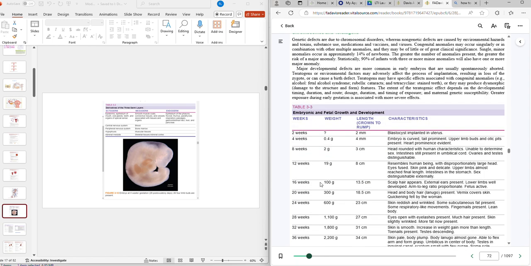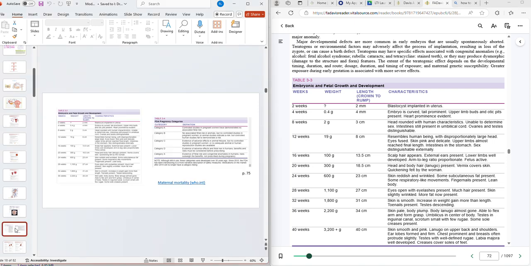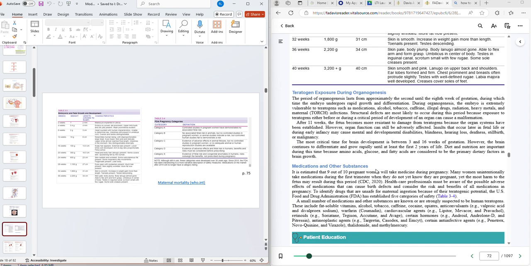Tables 3 and 4. So table 3 is talking about what characteristics you would see. So make sure that you read through this, okay? And they're over here too, just a smaller version. And then teratogenic exposure, things that can be detrimental to a fetus, okay?